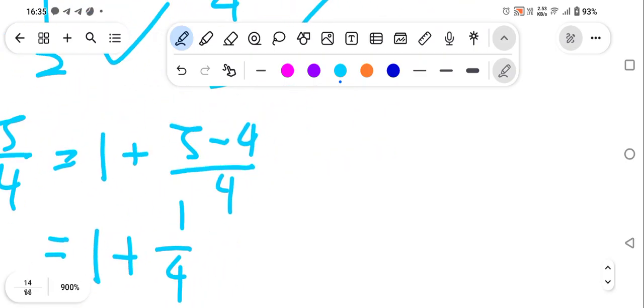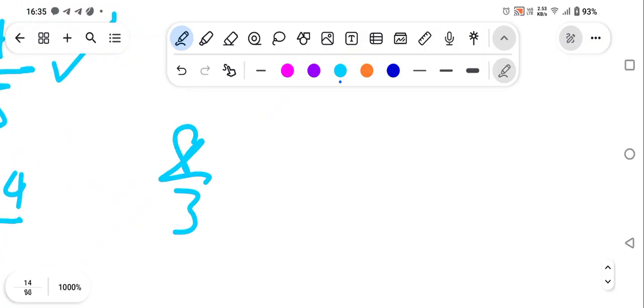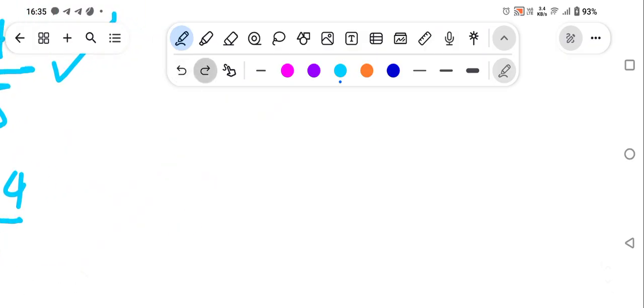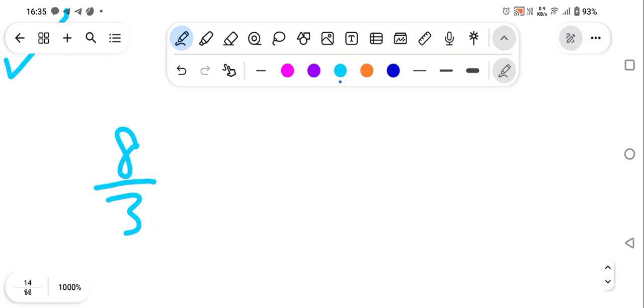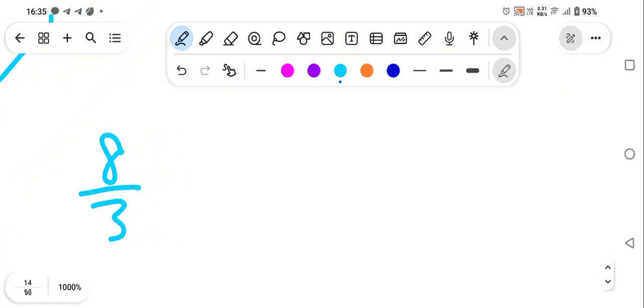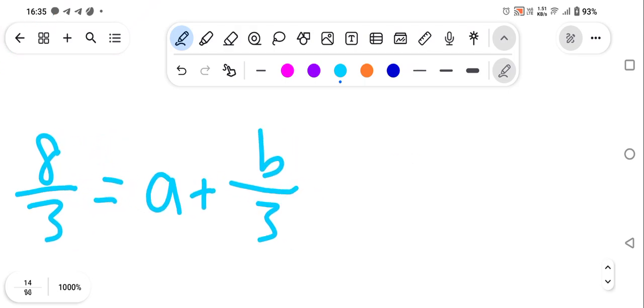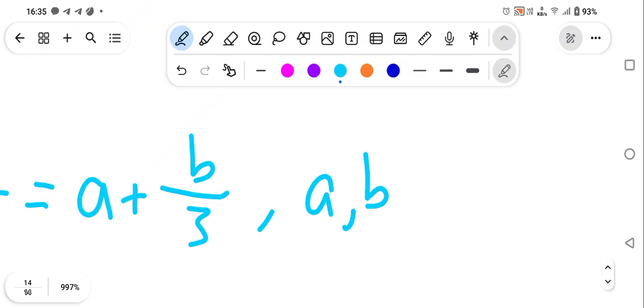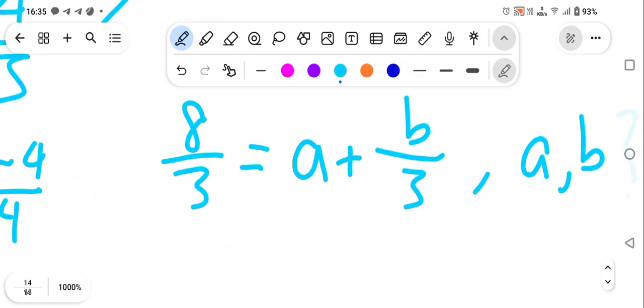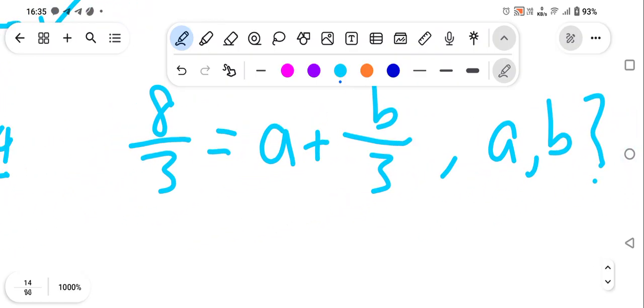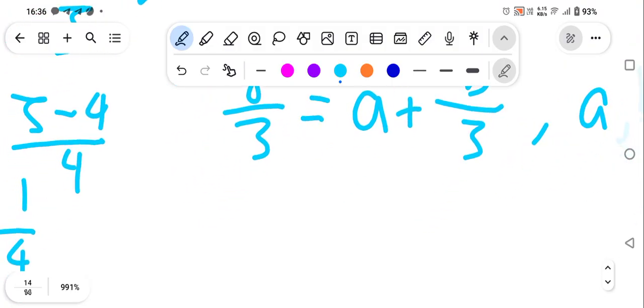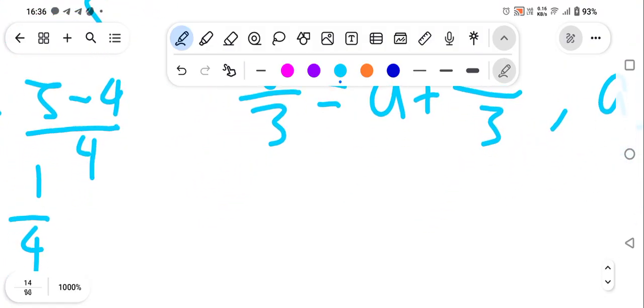Alright, what about 8 over 3? What is the exact form of 8 over 3 if you want to write it as a plus b over 3? What would be a and b actually? So we're going to find out. First we're going to divide 8 by 3.